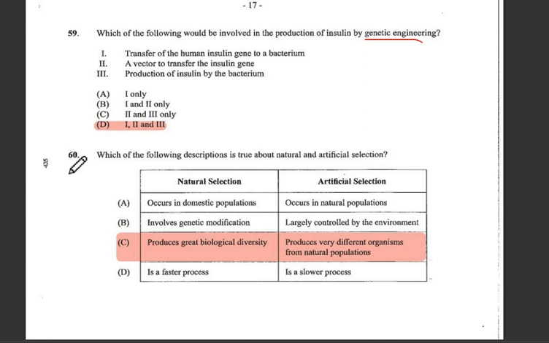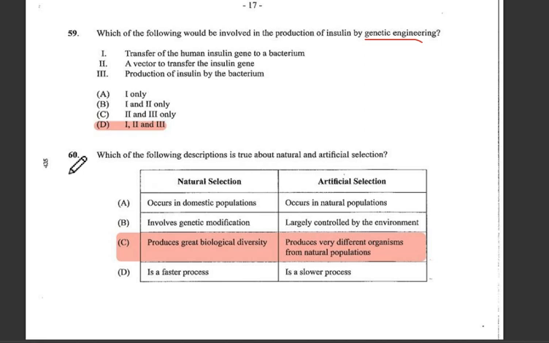Once we mention biological diversity, we have the variety of life on Earth, at levels from gene to ecosystem, where natural selection comes into place.